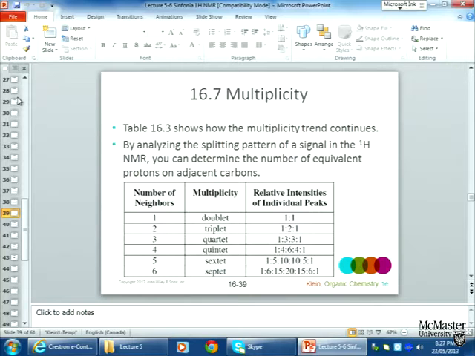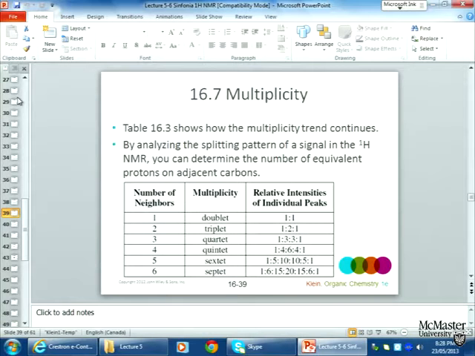And every number is the sum of the number just above to the left and just above to the right. Why it follows Pascal's triangle needn't concern us. But it does, so you can write down Pascal's triangle and work out the multiplicity pattern of just about anything.